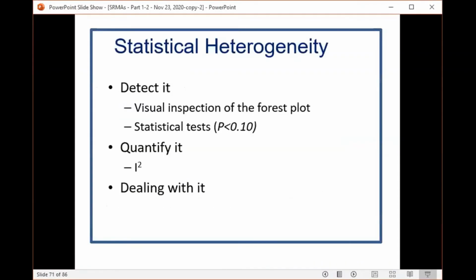So after we have detected heterogeneity and quantified it, we now need to try to address it. To deal with heterogeneity, we can do sensitivity analyses, in which we remove one study at a time to see if it alters the heterogeneity, that is, to see if removing one study reduces heterogeneity so that it is no longer significant.